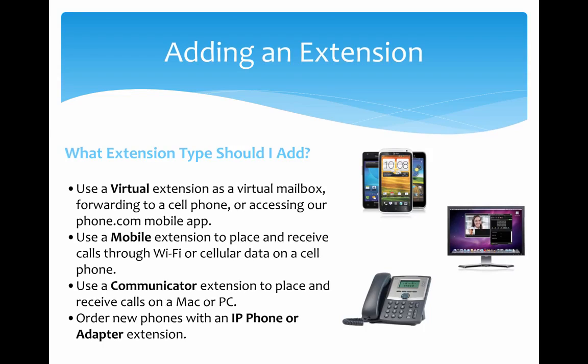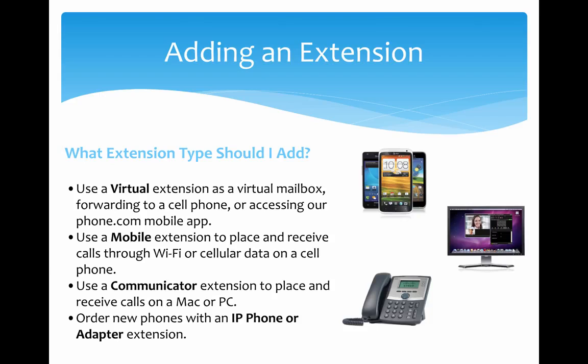Next up, we have the mobile extension. This extension type is only needed if you want to use a third-party app. It's called Bria, and it's made by Counterpath. And this is really cool. It's a soft phone for your cell phone. And what it'll do is it'll let you make and receive calls using Wi-Fi or cellular data instead of your cell phone minutes.